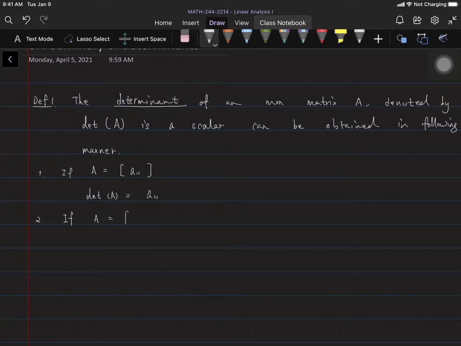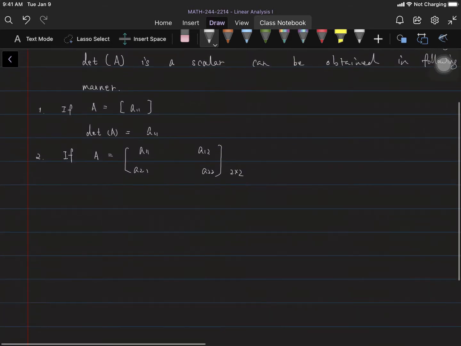If the matrix A is like this one, A11, A12, A21, A22, which is 2 by 2, in this case, what does the determinant equal? det A. And sometimes for determinant, we also use two straight lines. This is another notation. Some books also use this way. You can see it's different from matrix.